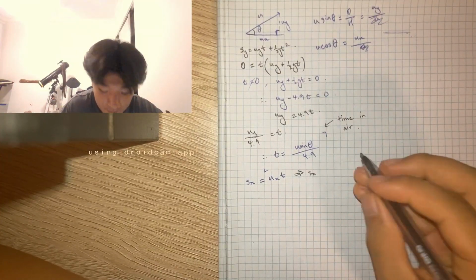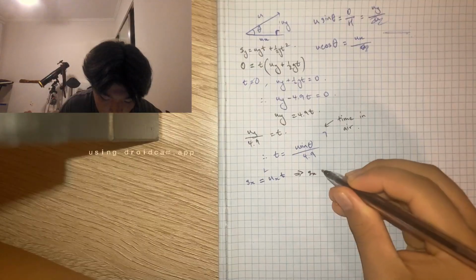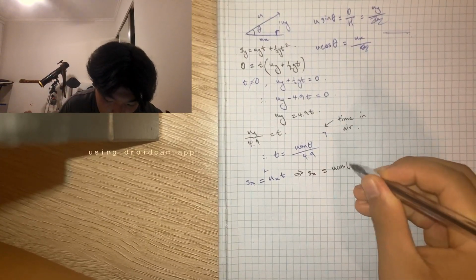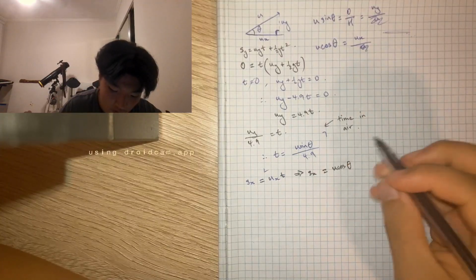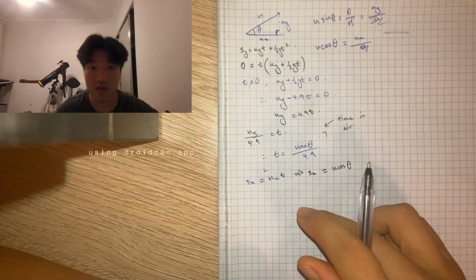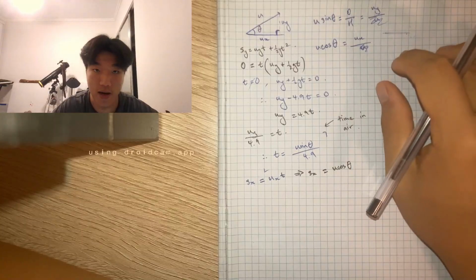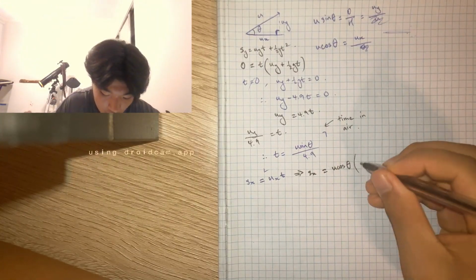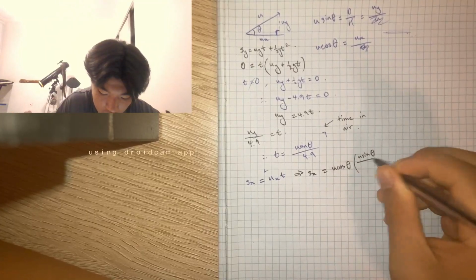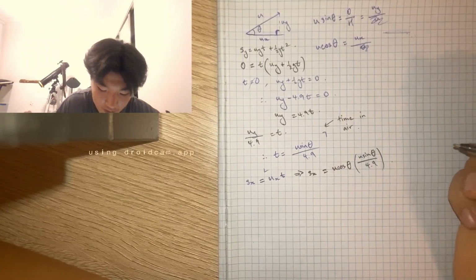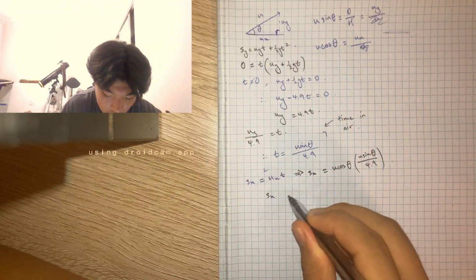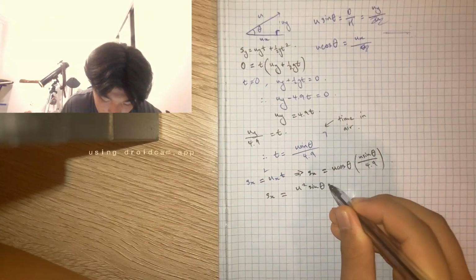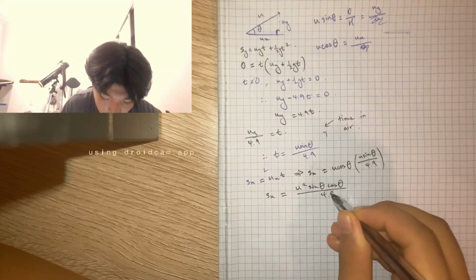So the horizontal displacement equals u cosine theta, and then we sub in t because we want the horizontal displacement at the impact, and at the impact time equals this. So we sub in u sine theta divided by 4.9. So we get Sx equals u squared sine theta cosine theta over 4.9.